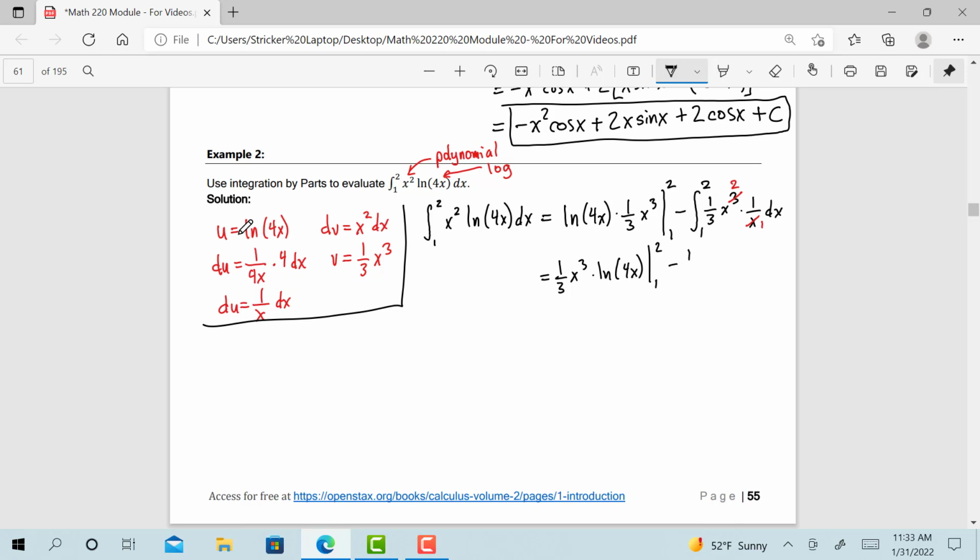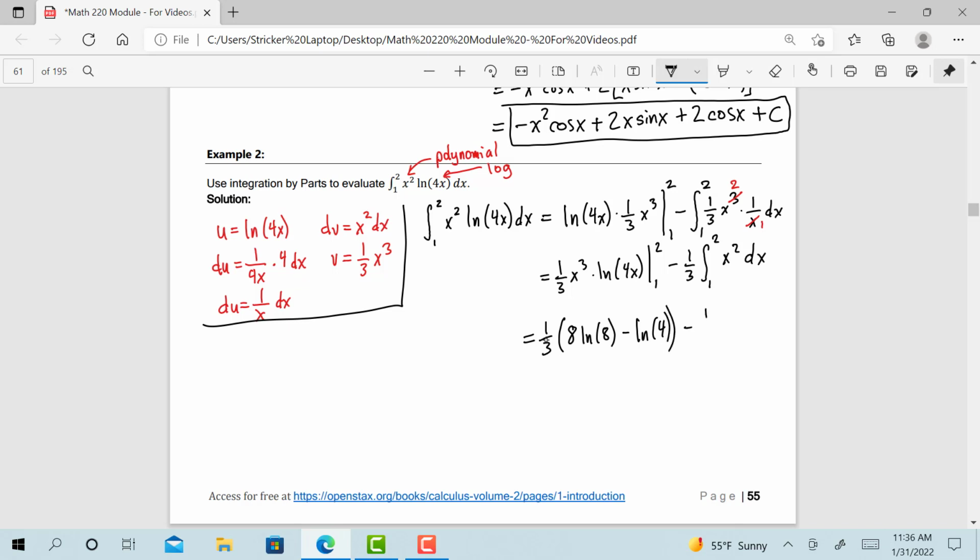If we pull the 1/3 out, we get the integral from 1 to 2 of just x squared dx. We go ahead and evaluate this first part. We have 1/3. We plug in 2, we get 8 times the natural log of 8 minus, what's that, natural log of 4.